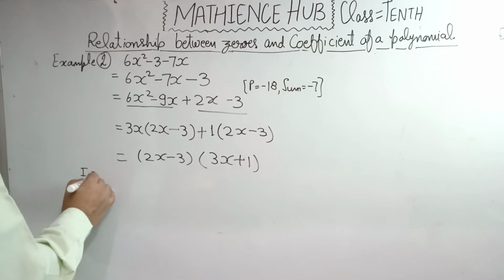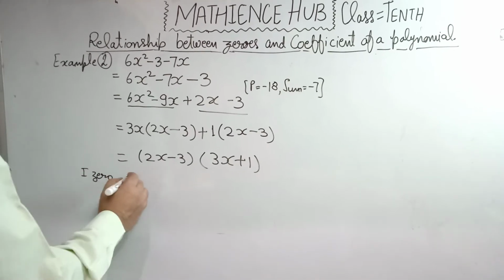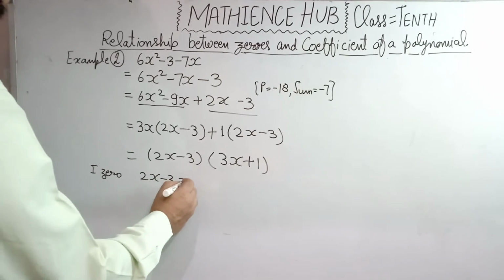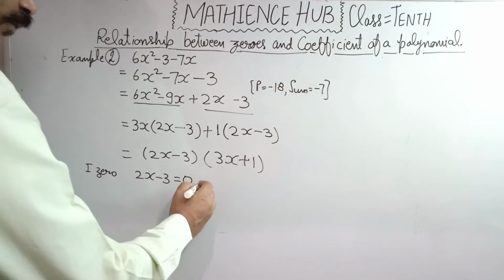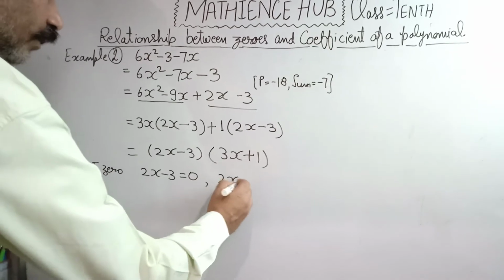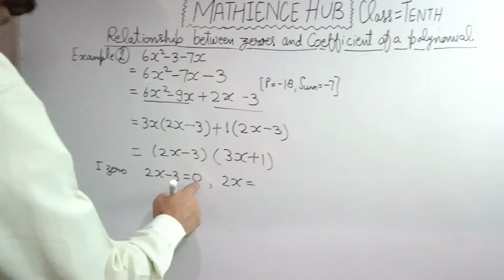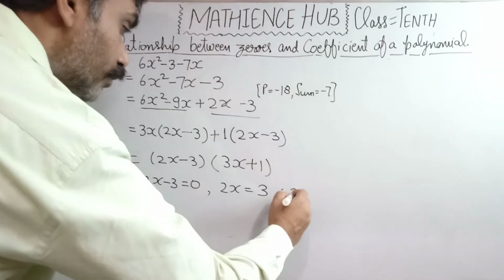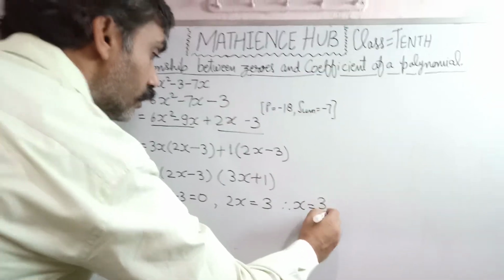First zero: put the first factor equal to 0. 2x minus 3 equals 0. Then 2x equals, transposing minus 3, 3. So x equals 3 upon 2.